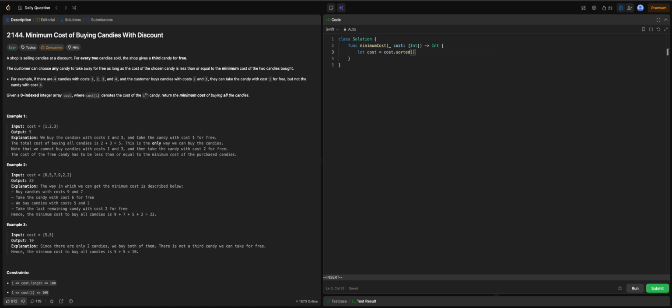Let's try to sort that first. Maybe sort dot reverse because we need the sorting in descending order, or we can use sorting by descending. That will be result, and then we need one variable called result to keep track of our total amount of the candy cost, and we can iterate through like 0 to cost.count.